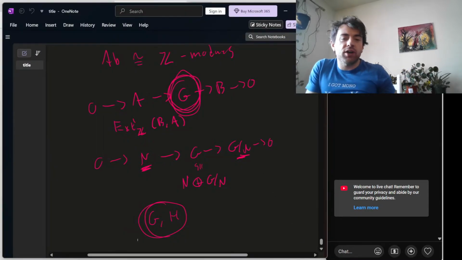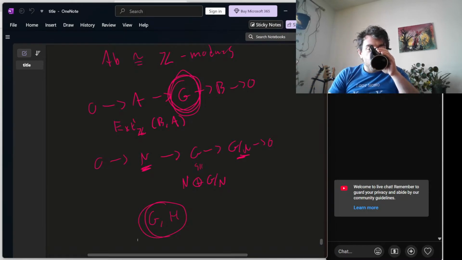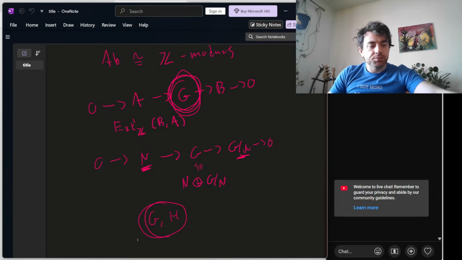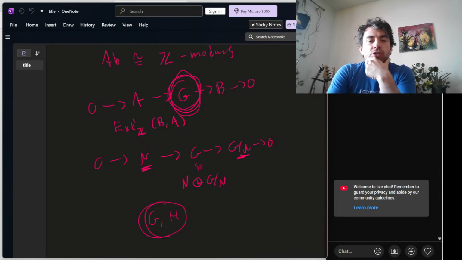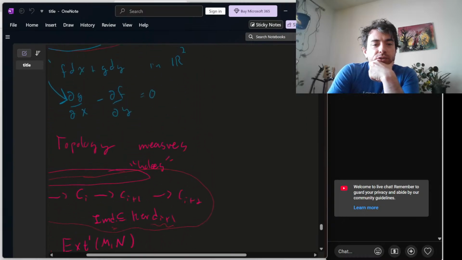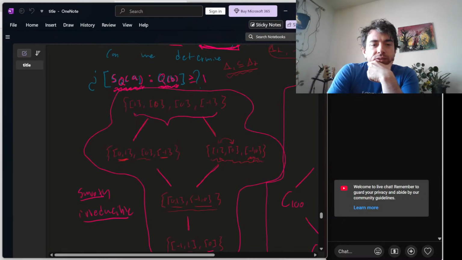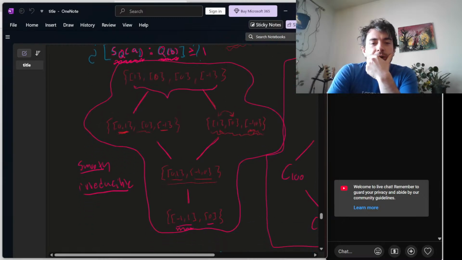Well, last time I was yapping about cohomology. But I'll go back to slowly yapping through my research. Where were we? Yeah, we had this table.